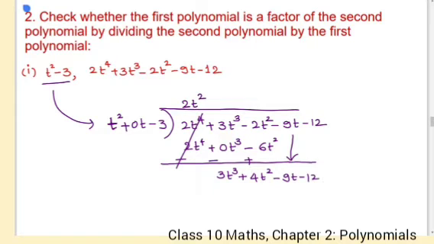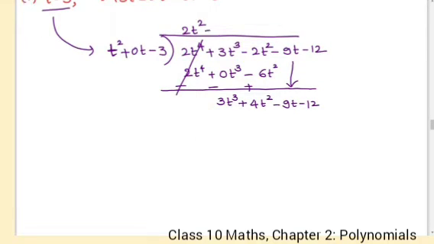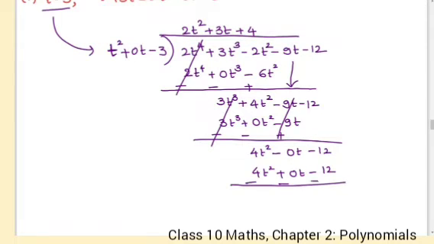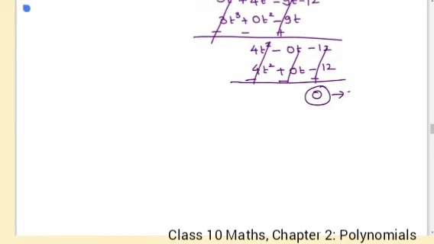So first term you cancel it. Likewise, try to cancel the next term by multiplying it with 3t. So now second term is also cancelled. Remaining terms are 4t square minus 0t minus 12. Now plus 4t square minus, now all the terms get cancelled here. Here remainder becomes 0. Now write down 0 as a remainder.